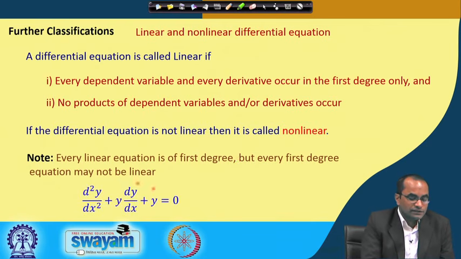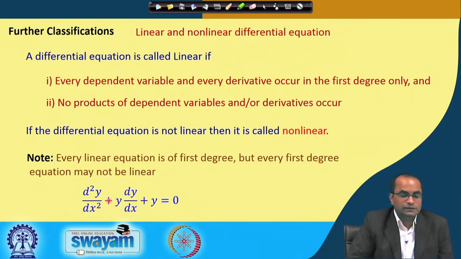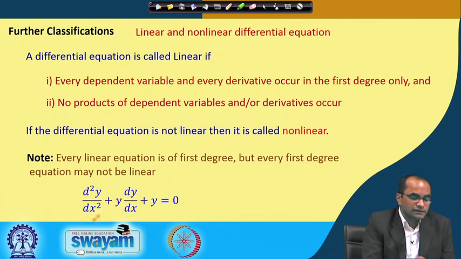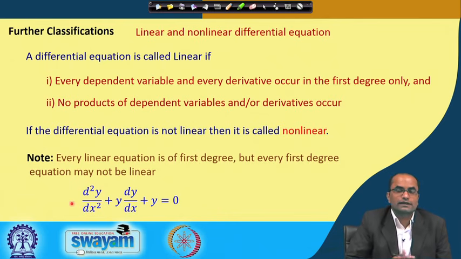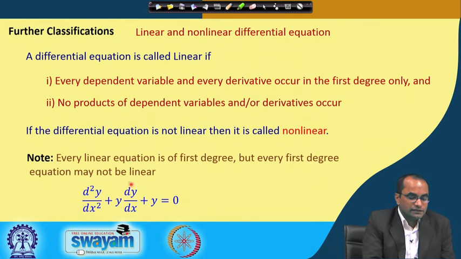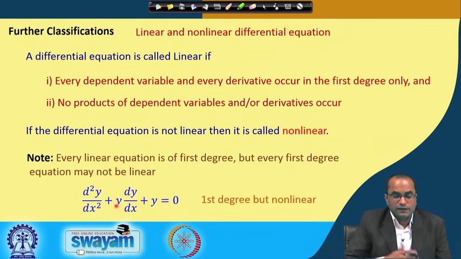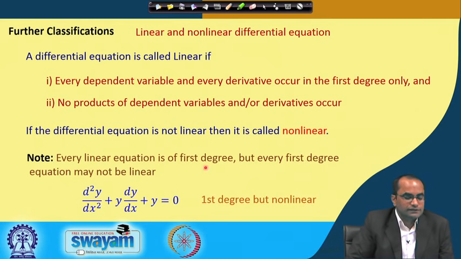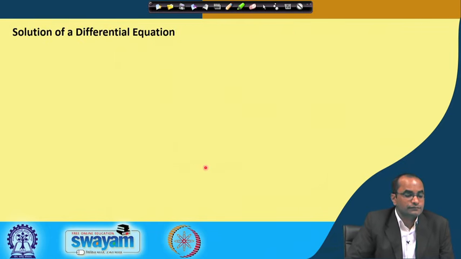For instance, here this is a second order equation and the degree is 1, because the degree is defined as the degree of the highest order term, but this equation is nonlinear because of this product of y and dy/dx. So, this is a first degree but nonlinear equation. Every linear equation is of first degree, but not every first degree equation will be linear.